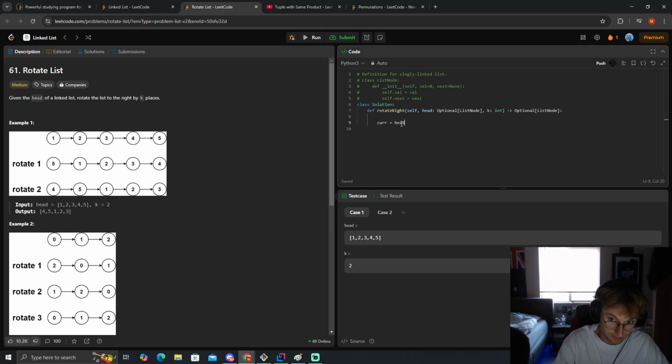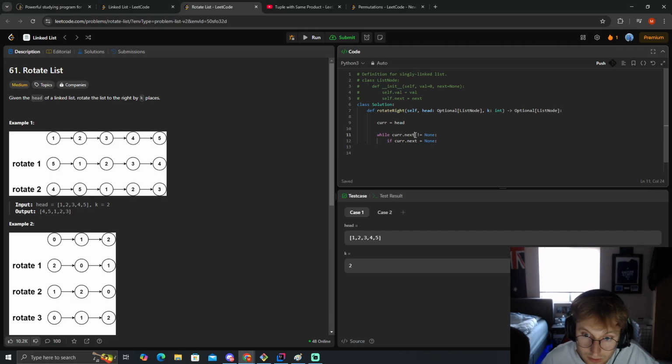So our cur is equal to head, right? While cur does not equal none. Actually, while cur.next does not equal none, then we want to do, if cur.next is equal to none. Actually, I guess we can just, because we'd never reach it.